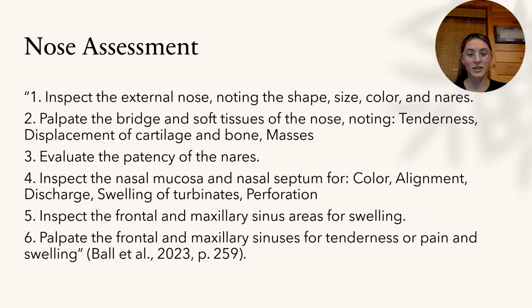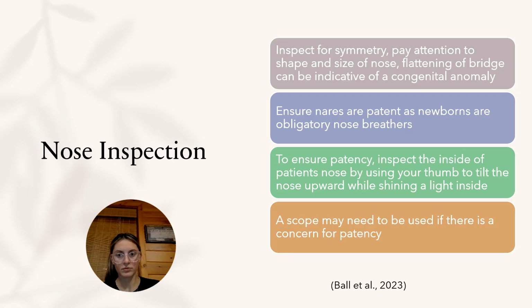Same gist here. This was pulled straight from your textbook on page 259. Please review it. When we're inspecting the nose, we're going to look for symmetry and paying attention to the shape and the size of the nose very closely. Flattening of the bridge can be indicative of a congenital anomaly. And then we're going to ensure our patient's nares are patent, as newborns are obligatory nose breathers.